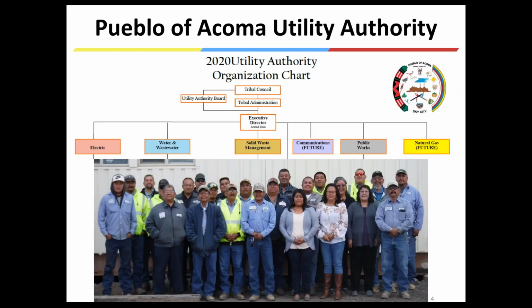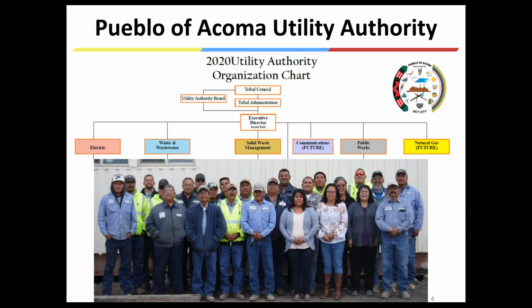So a little bit about the Pueblo Vacama Utility Authority. Right now, we are a 4-department utility authority. Water, wastewater being one, solid waste management being another, public works, which really consists of road maintenance, taking care of the pueblo's windmills for ranching activities, taking care of the irrigation ditch and the Sequia system here.